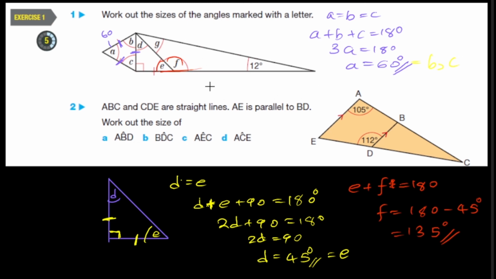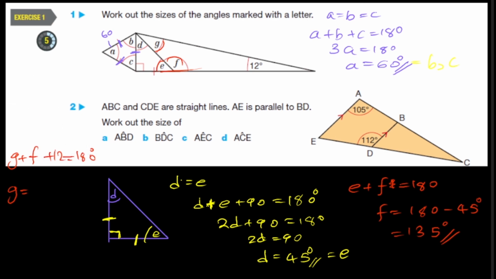And for G, G is inside this larger triangle, and we already know two angles of it. To find the third angle, we can use the relationship that the angles of a triangle add up to 180 degrees. So I can write G plus F plus 12 equals 180, which gives us G equals 180 minus F, sorry.